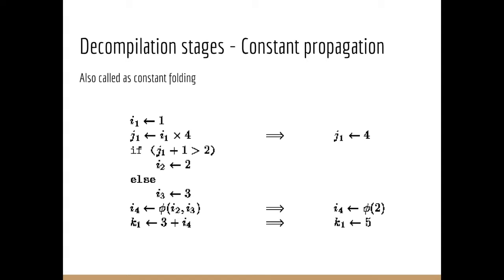So we can simply fold it and just write j first equals 4. And the same, because j first plus 1 will always be more than 2, we can eliminate the second part of the condition. And so the phi function here is also simplified, so it will become only one way to execute.